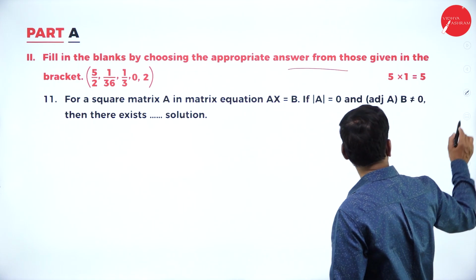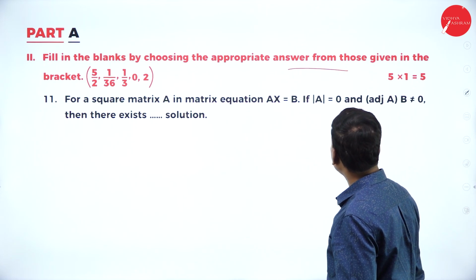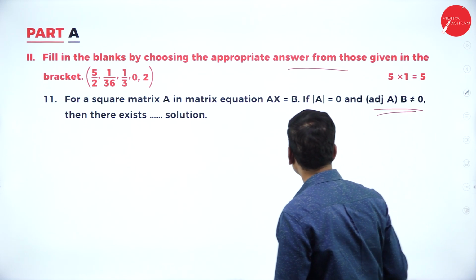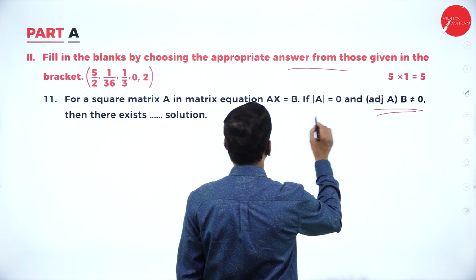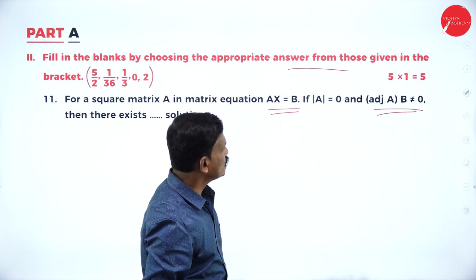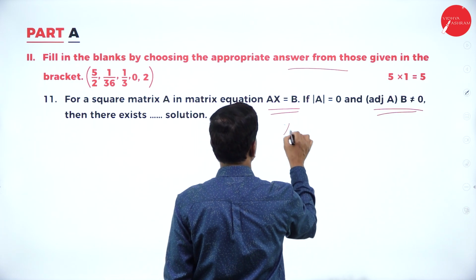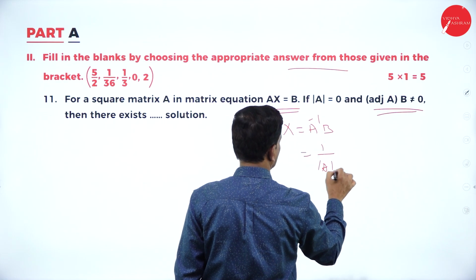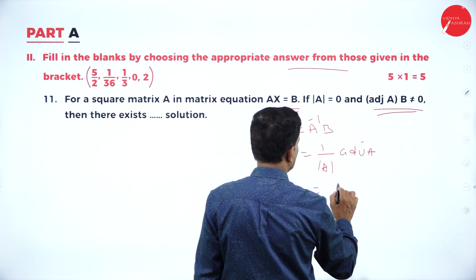Now let us come to the first problem. For a square matrix A, in the matrix equation Ax is equal to B, if determinant of A is equal to 0 and adjoint of A into B is not equal to 0, then there exists... So if Ax is equal to B, then x is equal to A inverse into B. What is the formula for inverse? 1 over determinant of A into adjoint of A. If determinant is equal to 0, then the inverse does not exist.